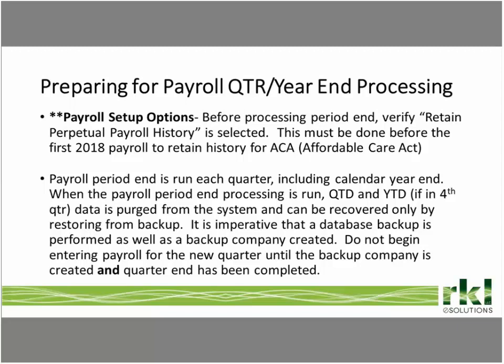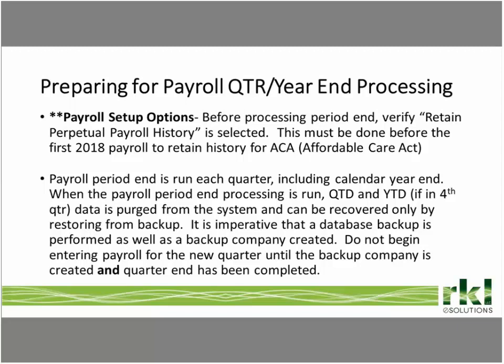For those of you running payroll, you're used to the notion of payroll being run on a quarterly basis, including year-end, so for the calendar year-end. When you run it, it's important to understand that both quarter-to-date and if you're in the 4th quarter, then also year-to-date information is automatically purged by the system when you do so. If you want to retain that information, and we strongly recommend that you do, it's very important that you create your backups.